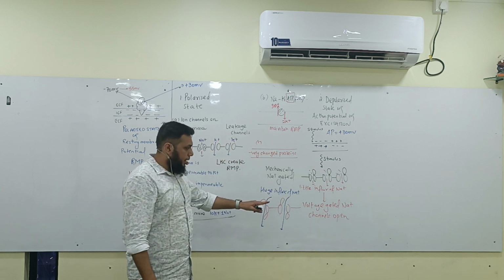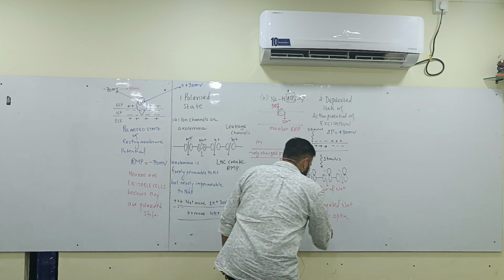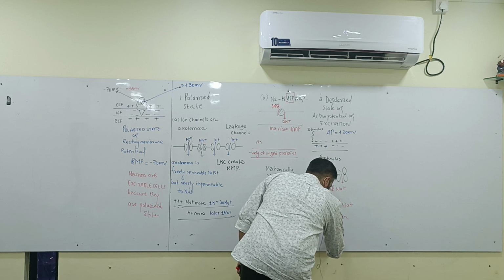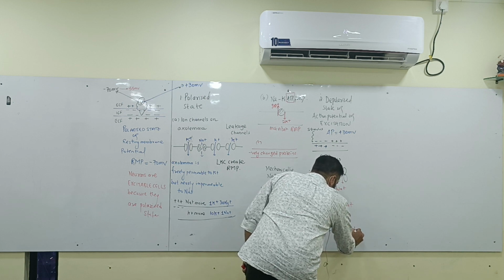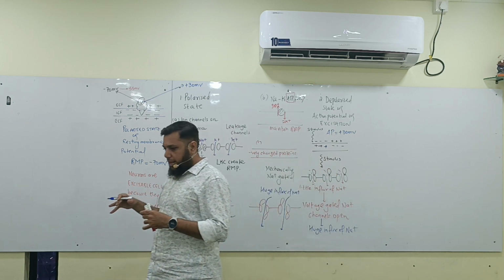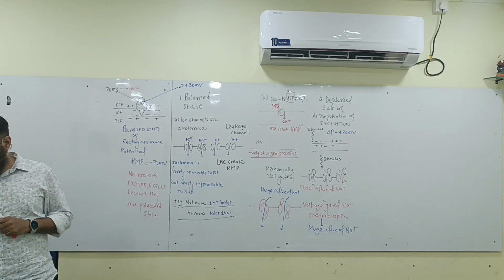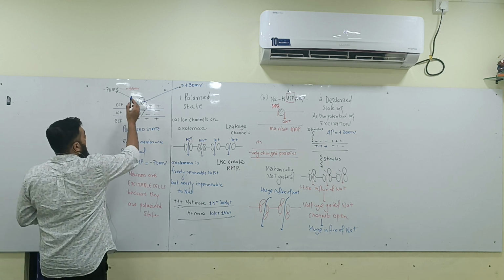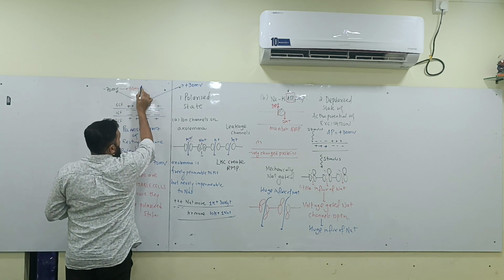So voltage gated sodium channels will open, and that will cause a huge influx of Na plus. So if a lot of Na plus comes inside, which charge will develop inside? Positive charge. And the needle from minus 55 will go to how much?